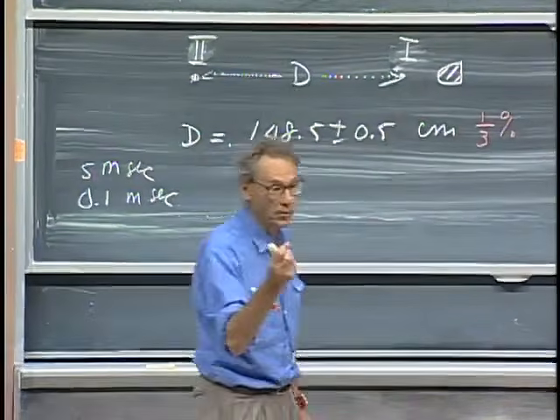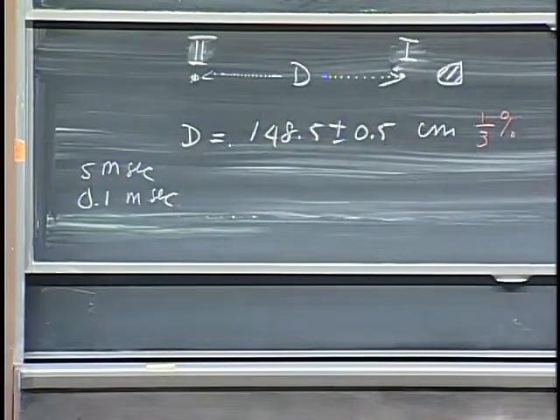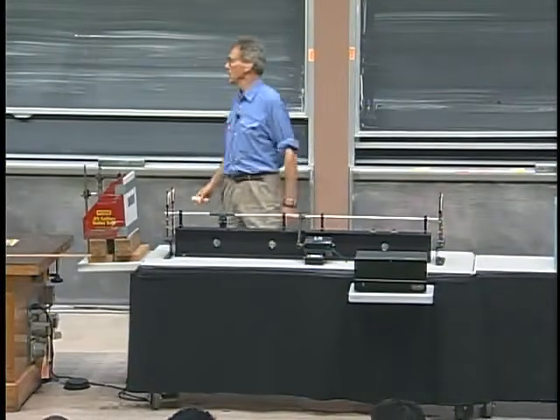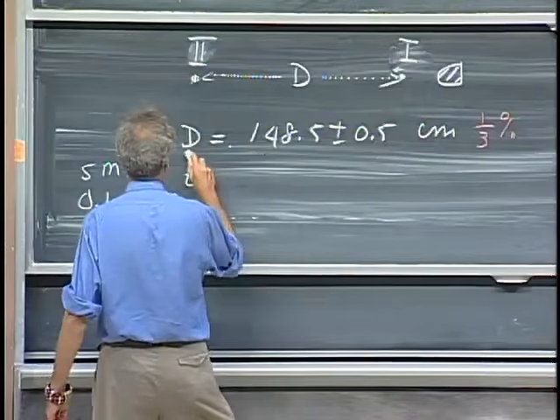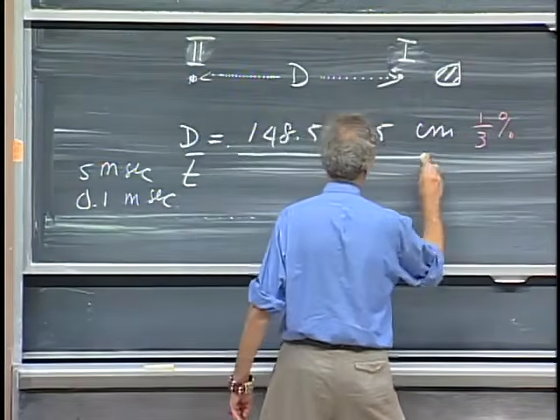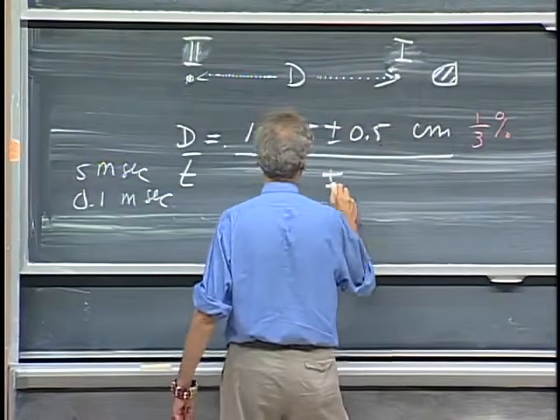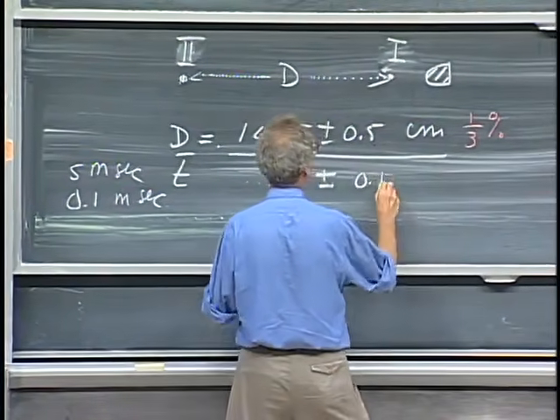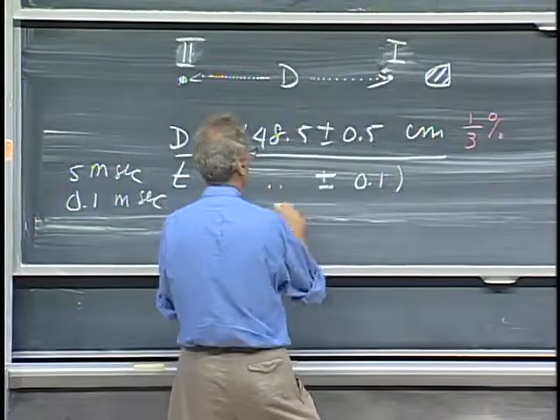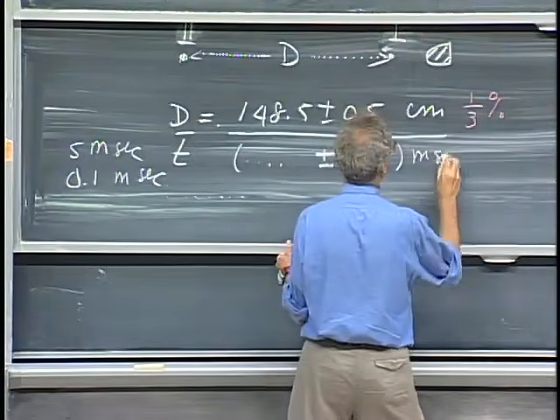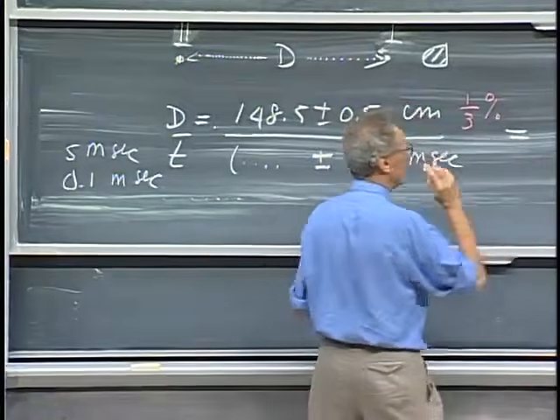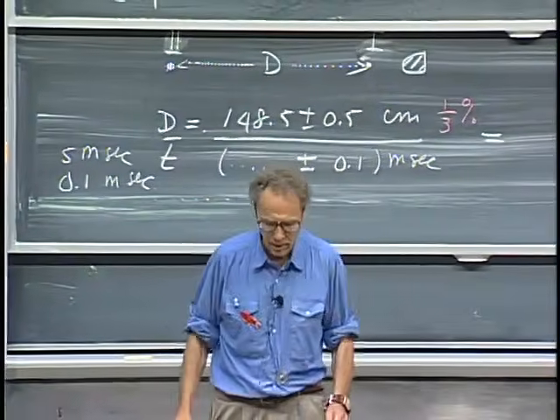So that sets the accuracy that I need for the time measurements. And so we do have a timer. It is accurate to about 1/10 of a millisecond. And so now I can measure that time. So I'm going to have here some time that we measure, plus or minus 0.1, and we'll do the whole thing in milliseconds, but our final answer will be in meters per second.